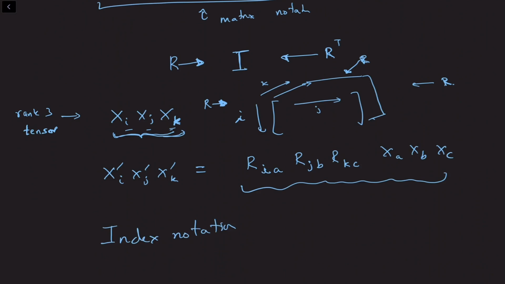For rank 3 or higher tensors, it's much easier to write the transformation rules using index notation. Now, you'll see that the way we've constructed this, i runs from 1 through 3, j runs from 1 through 3, and k runs from 1 through 3. So the object that we've constructed has 27 components, for every independent choice of i, j, and k.